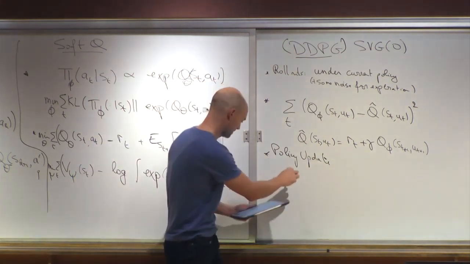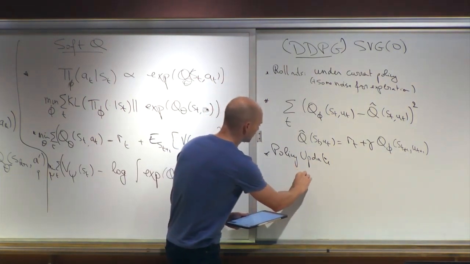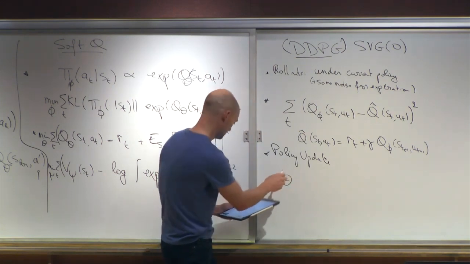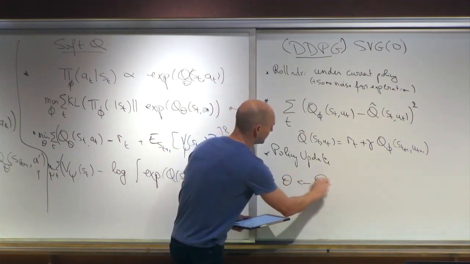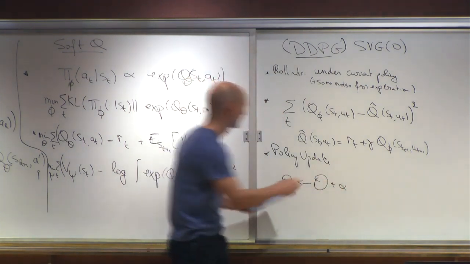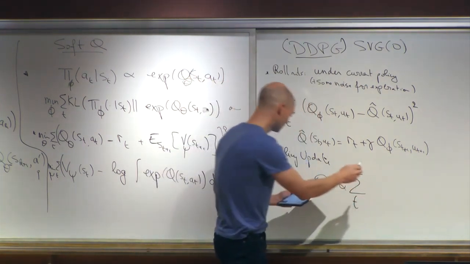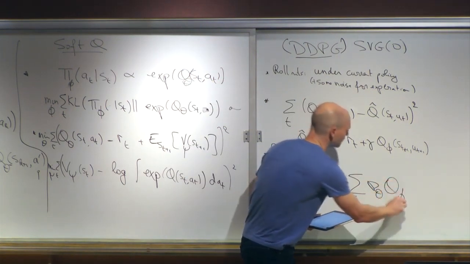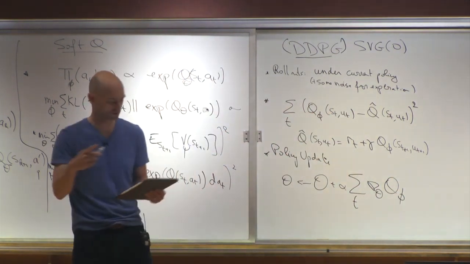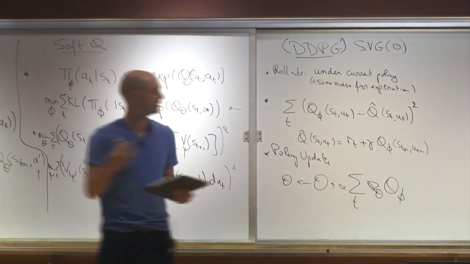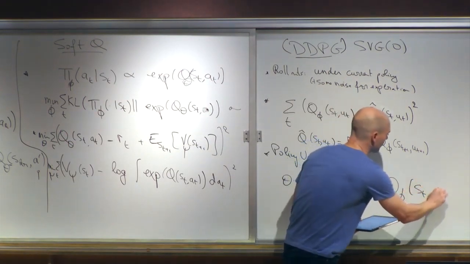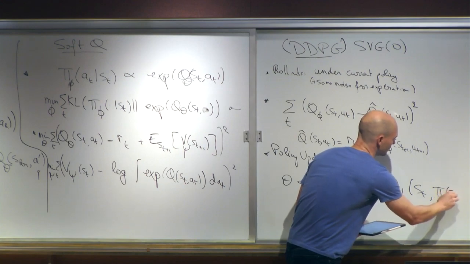So the gradient update: theta becomes theta plus alpha times a gradient which looks at the Q values. Remember, Q is parameterized by phi. This gradient is with respect to the policy. For each state, I can look at my Q value as a function of what my policy prescribes me to do.